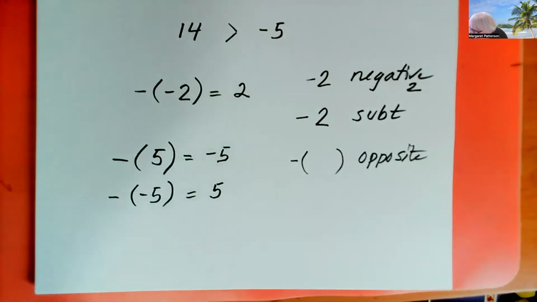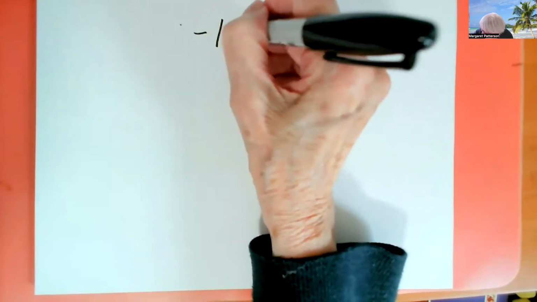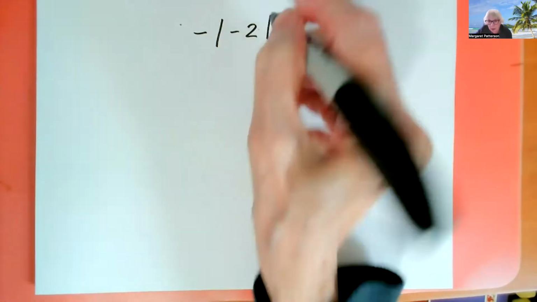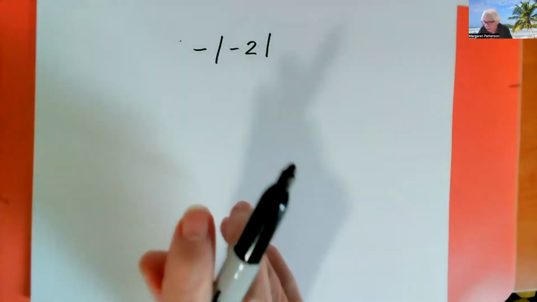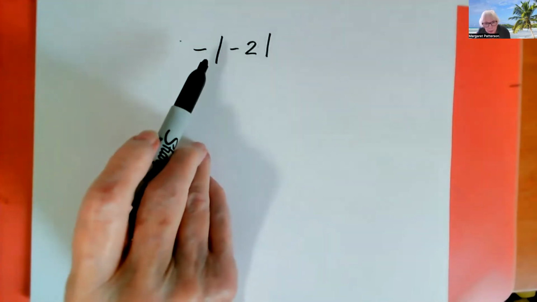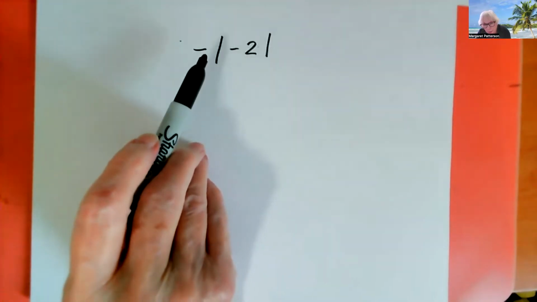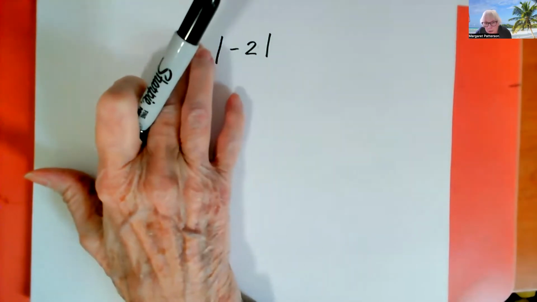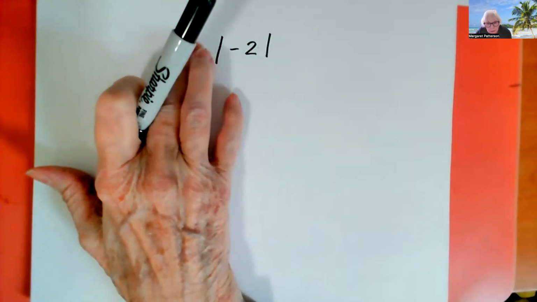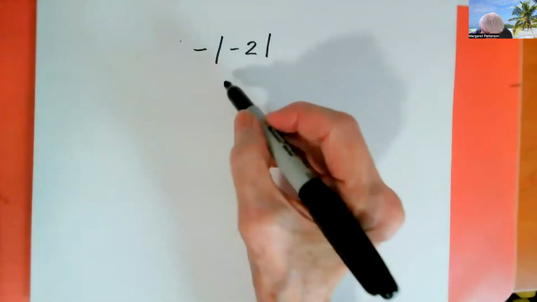So hopefully that is starting to make sense. I'm going to do this one. The absolute value marks are vertical. And so what you have to do is deal with order of operations. So for instance, you would do this part first. The absolute value of -2 would be 2.